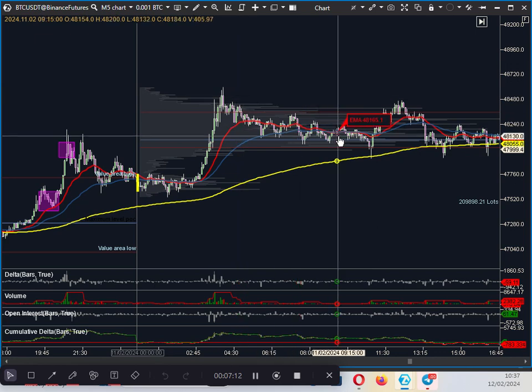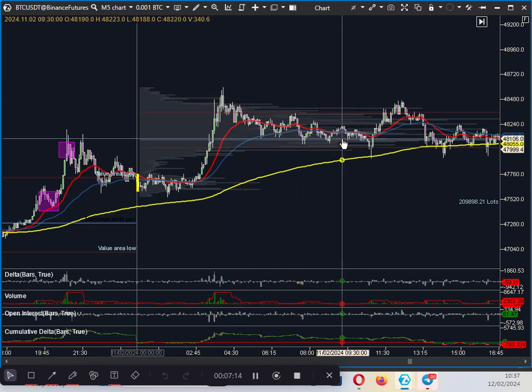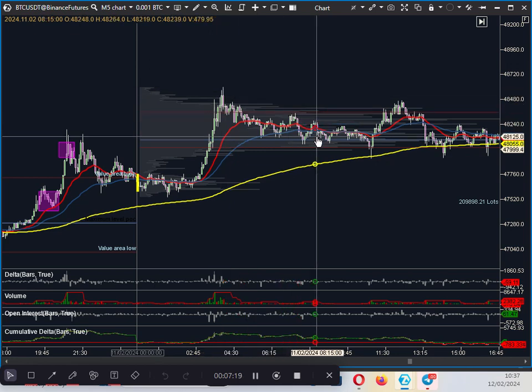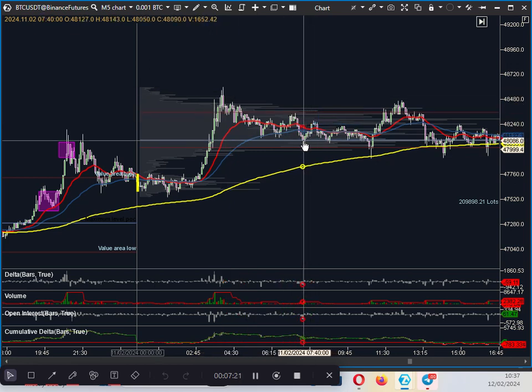Have your target at the point of control. So from there, 486 down into the point of control, which was here, it's a 600 point move. You've made enough money. I'm not saying it'll do it all the time, but there's a high probability that this will do that.